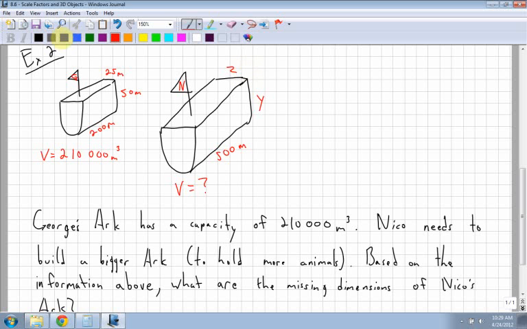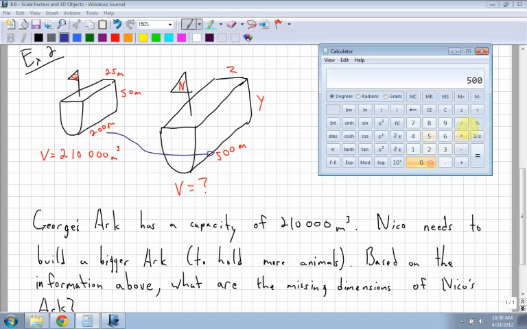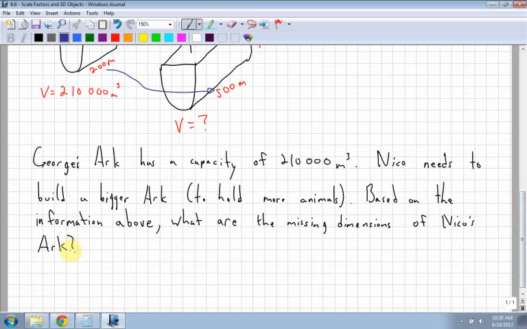The 2 dimensions that I have that are the same are the 200 and the 500. First of all, I have to figure out what it's been increased by. So I have 500 divided by 200 is 2.5. So my scale factor is 2.5.